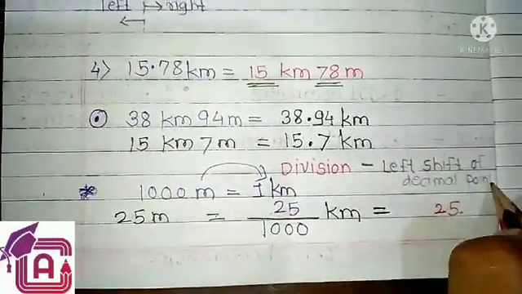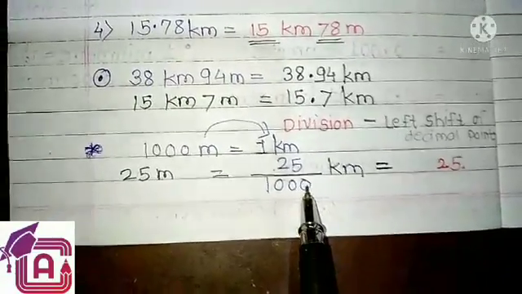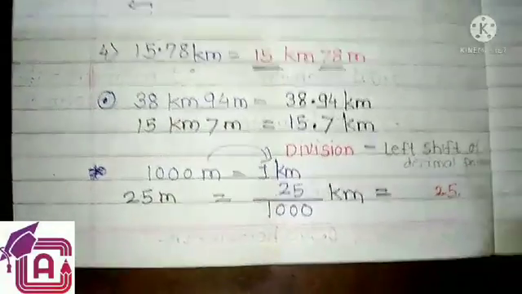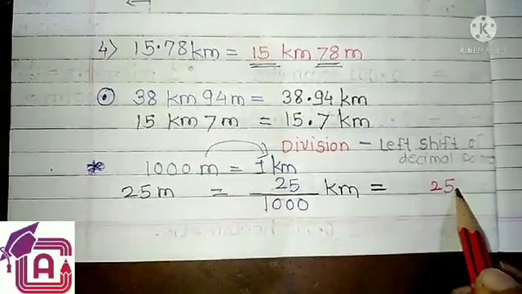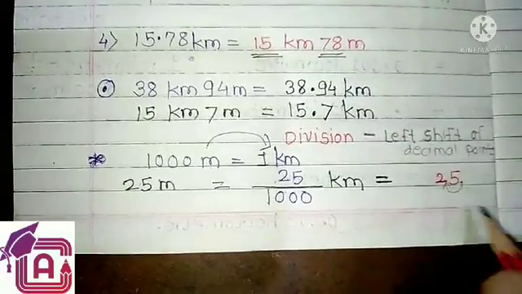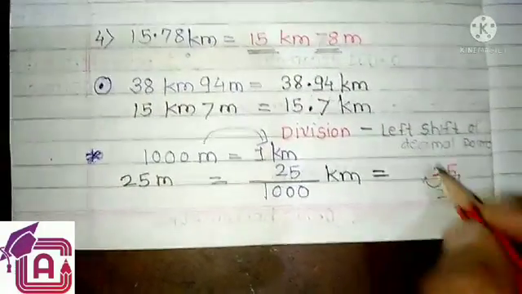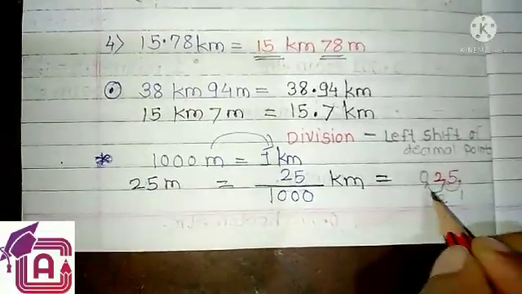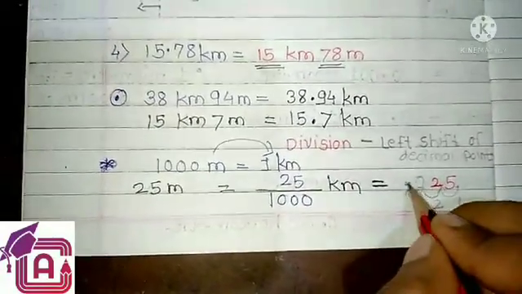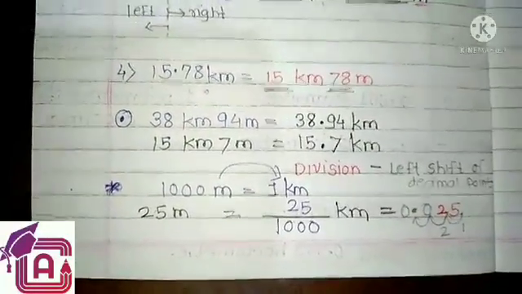In multiplication, right shift, and in division, left shift. And how many times? 1, 2, 3 times, because 3 zeros. Now this point is over here after the number, because it is a complete number. Then first, then this is second, number is not there, so I am writing here 0. And this is the third one. So now the point is over here, and before this point no number, so write down 0. So what is our answer?